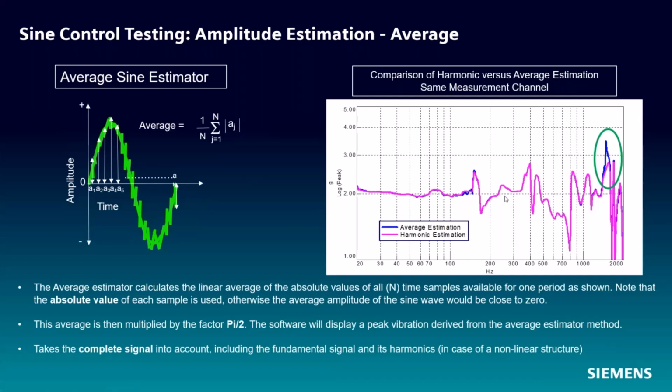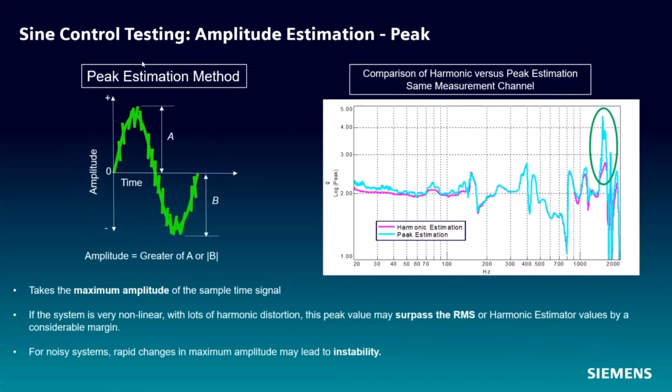Again, versus harmonic, harmonic is going to give you a lower answer for the amplitude than average, and again that would lead to a lower drive level than harmonic. And then our most conservative, meaning most protective of the test article, is the peak estimation method, which very simply just looks at the overall peak in a period, whether it's positive or negative.